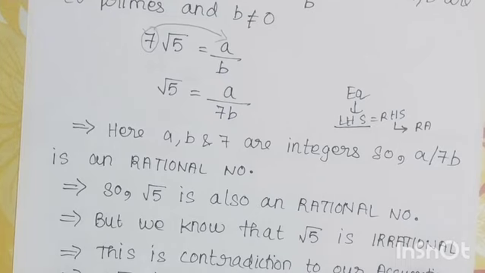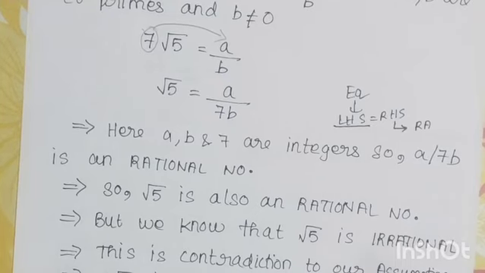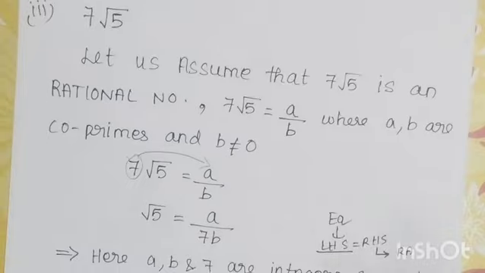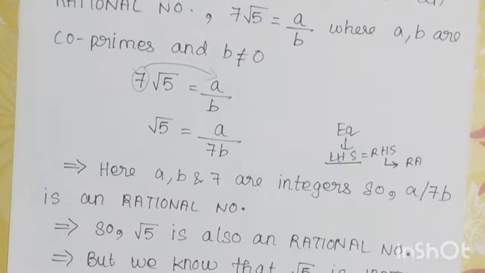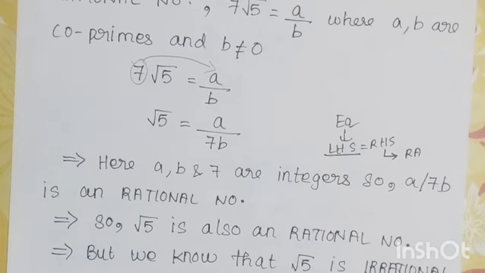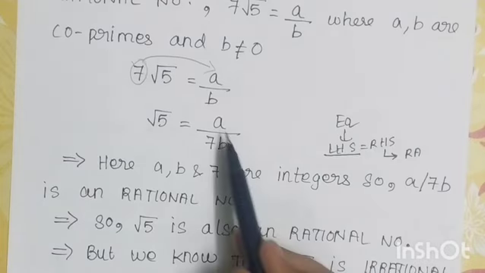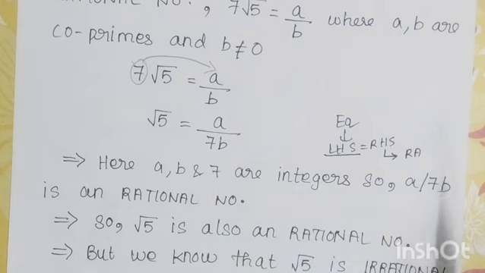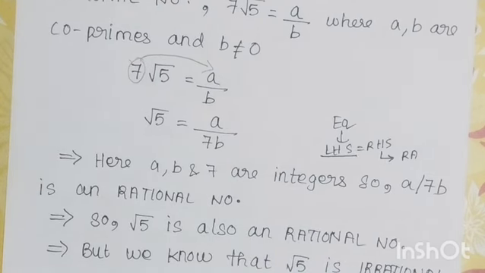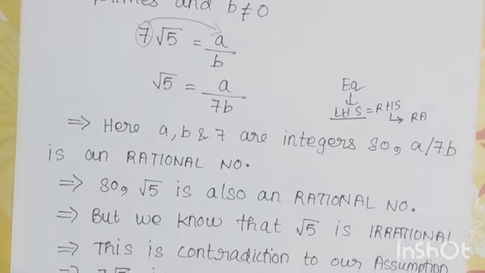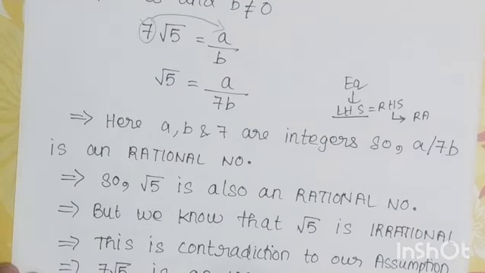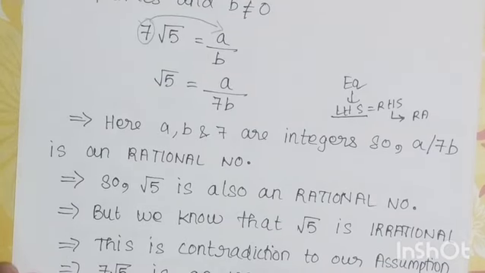It is totally opposite to our assumption. At first we assumed that it is a rational number, but at last, since root 5 is an irrational number, a by 7b cannot be rational. So the whole 7 root 5 will be an irrational number. That's what we have proved here. So at last we should write hence proved.